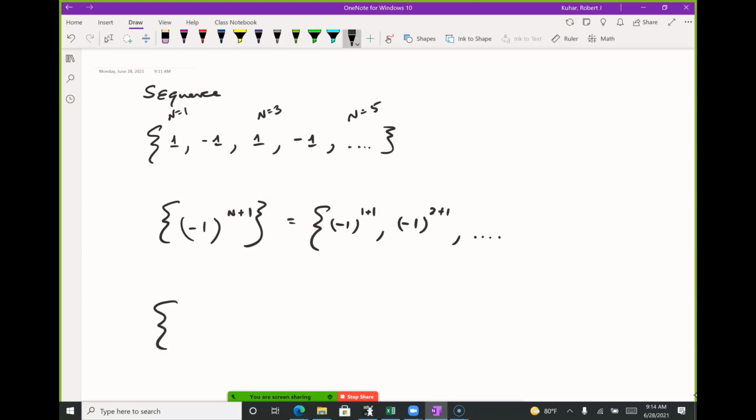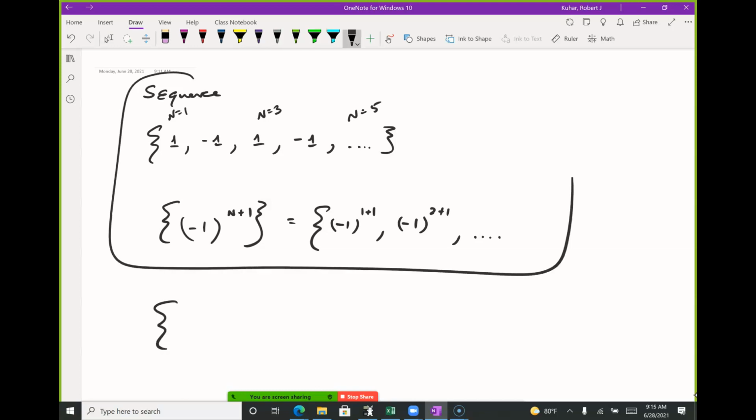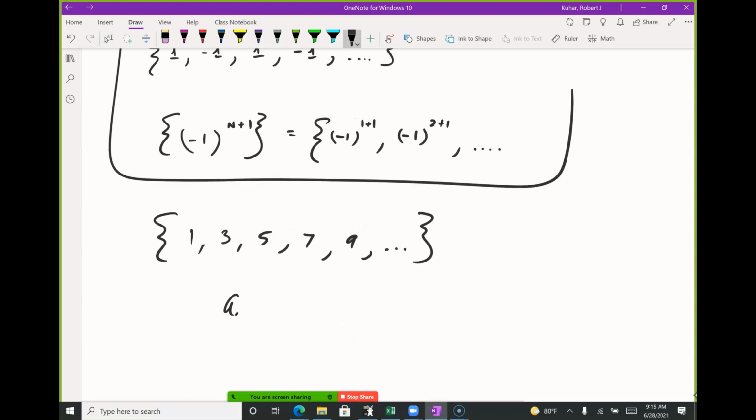Here, this is another interesting one. So this is positive, negative, positive, negative. Another one would be odd numbers. And this is where I was confusing myself. This is a sub n equals 2n minus 1. When n is 1, I get 2?